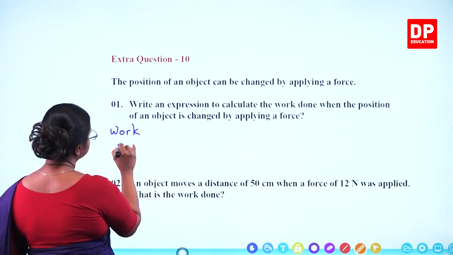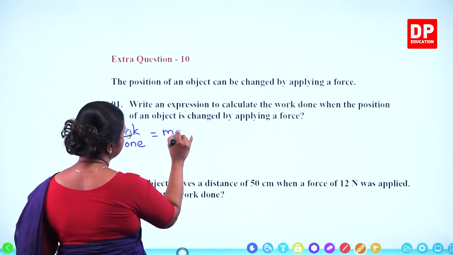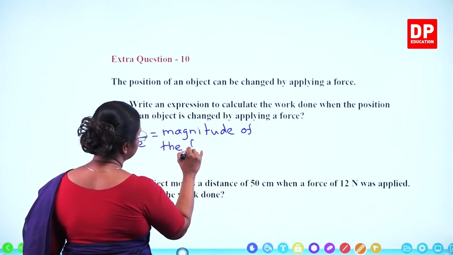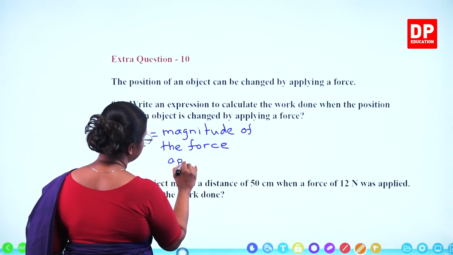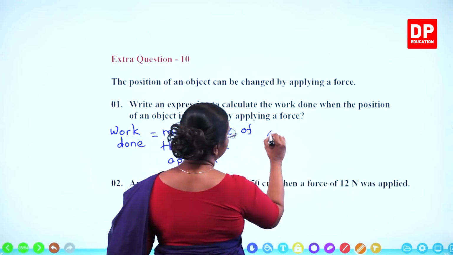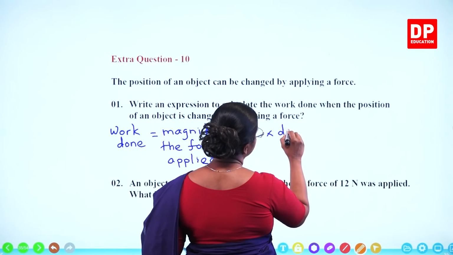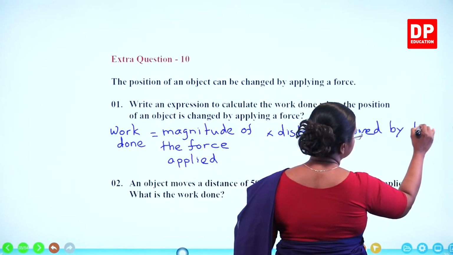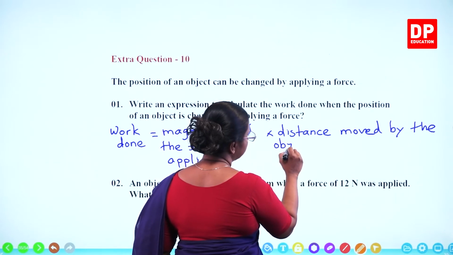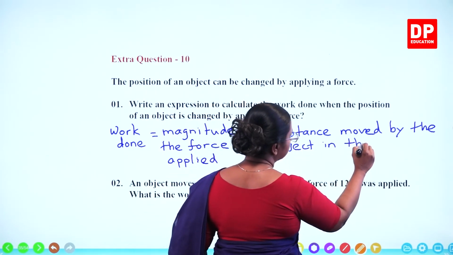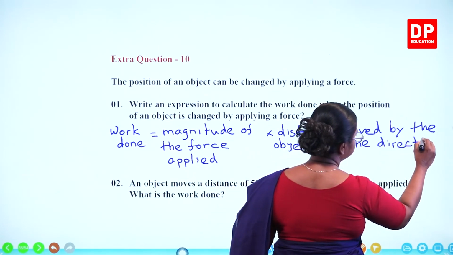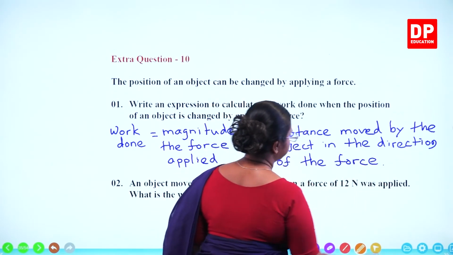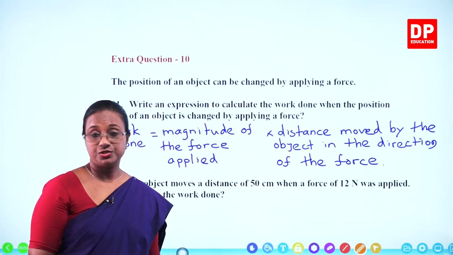Work done is equal to magnitude of the force applied multiplied by the distance moved by the object in the direction of the force. So that is the complete equation, students.